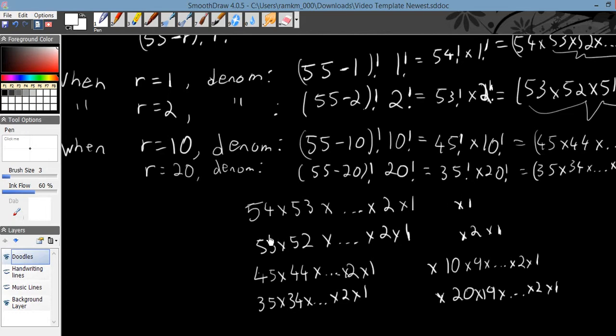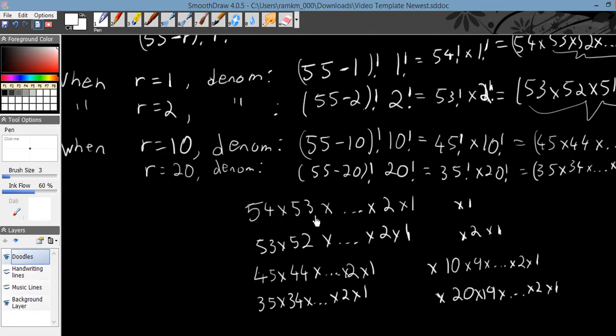All right, the first case was 54 factorial times 1 factorial, so that's 54 up to 1 times 1. And then the second case, 53 factorial times 2 factorial, so 53 times 52 down to 1, and times 2 times 1. And then in the case of 45 factorial times 10 factorial, 45 times 44 down to 1, then times 10 times 9 down to 1, and in the case of 35 factorial times 20 factorial, 35 down to 1, and times 20 down to 1.